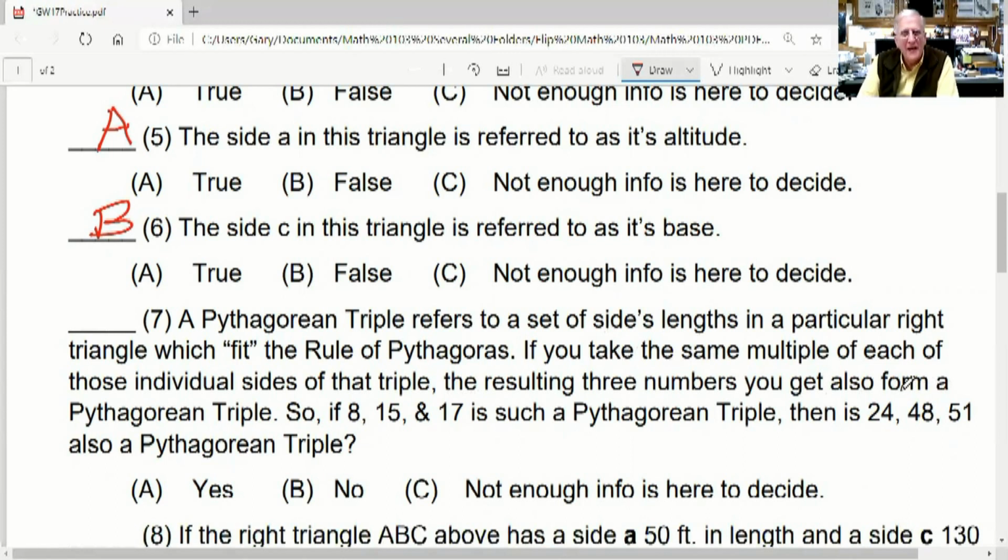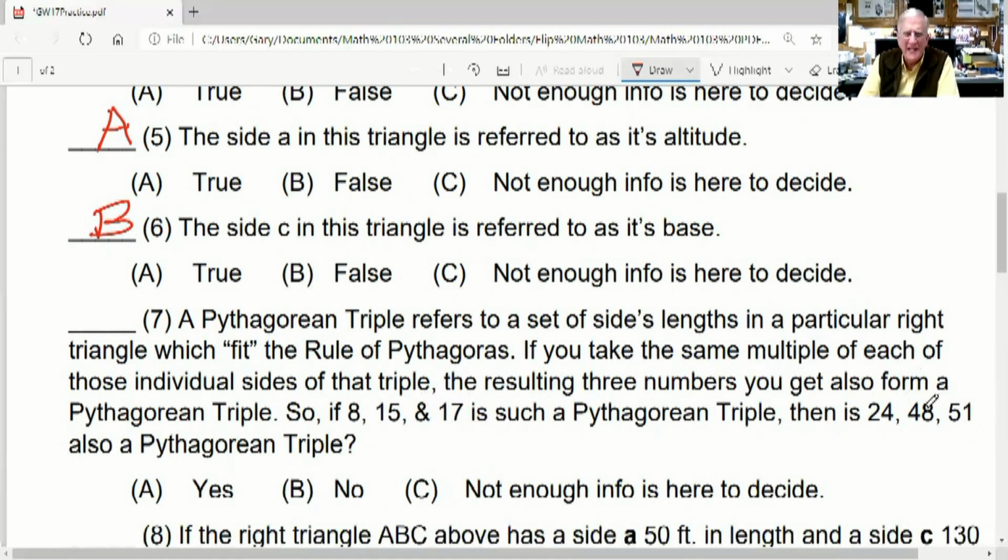Well, how can I figure that out? Well, you can see it's kind of related to 8, 15, and 17, right? In other words, if you take 8 and triple it, you get 24. If you take 17 and triple it, you get 51. So both 8 and 17 tripled give me the numbers that are in this particular supposed triple, right?